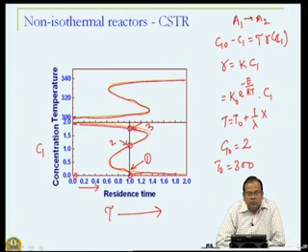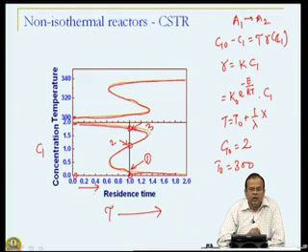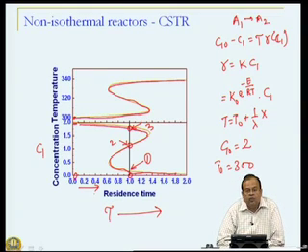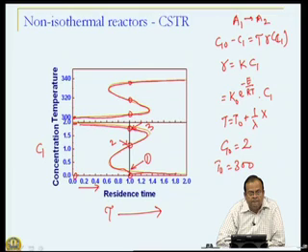What is this multiplicity of steady state? That is, for the same residence time under exactly identical operating conditions, I have 3 different possible values of steady state concentration and therefore, the temperature as well, 1, 2 and 3.